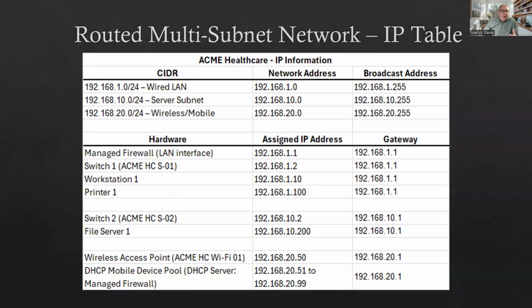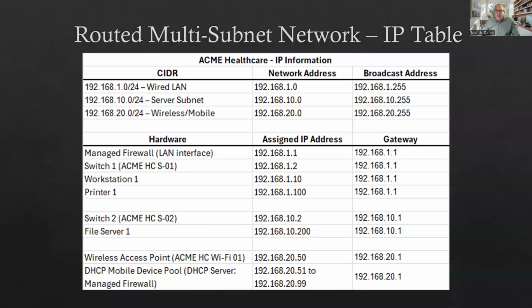Then we have our wireless access point, which is on .20, and 51 to 99 is our managed firewall. And we see here that our DHCP server is the managed firewall, right? I'm going through this thinking, did I make a mistake? Because yes, it's going to get complicated. This is only where we've gotten to our second layer here.